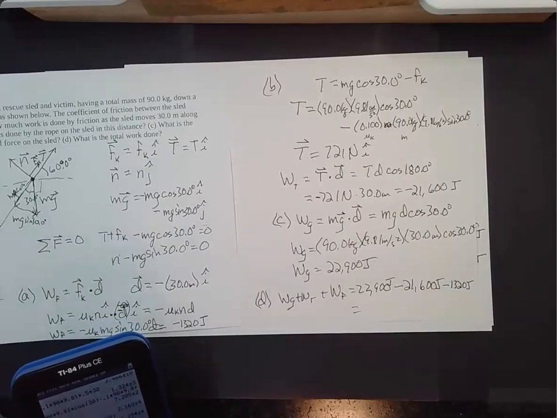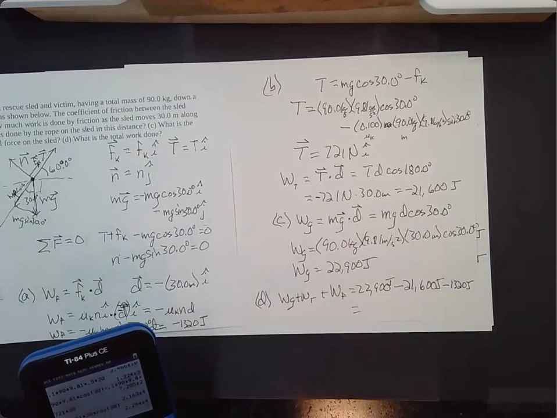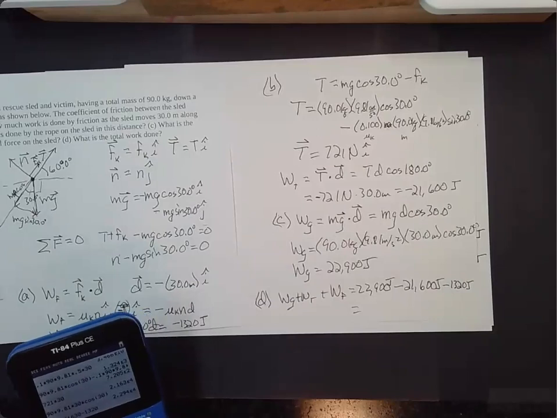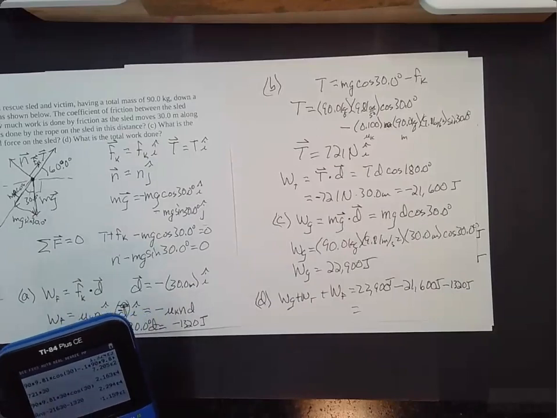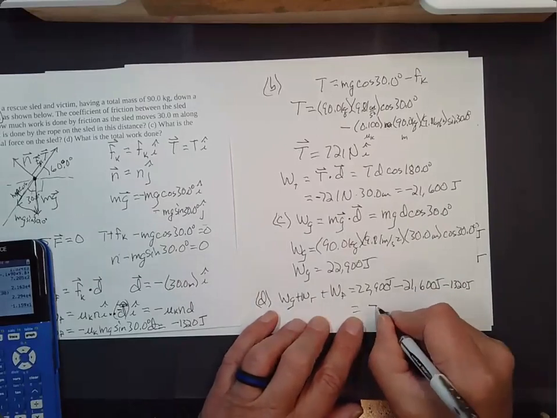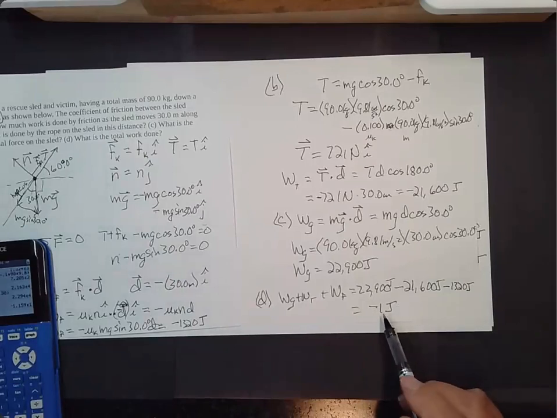Now I've got these things stored in my calculator. I actually get minus 1 joules for the total work done, but that's lost in round off error.